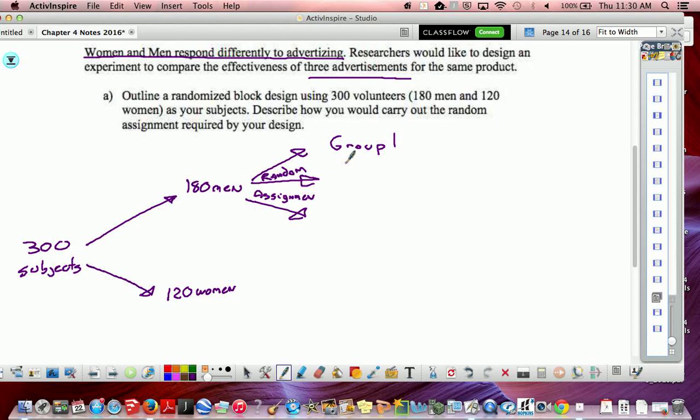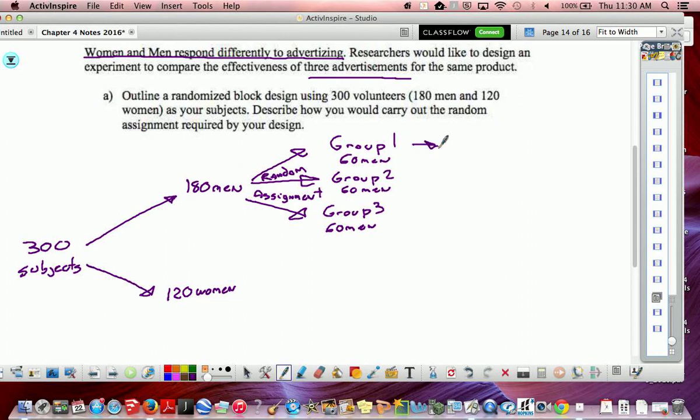So group 1 has 60 men. Group 2 has 60 men. And group 3 also has 60 men. So I'm breaking up the 180 into the 3 groups.